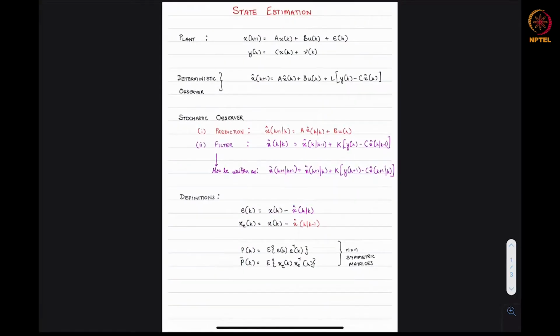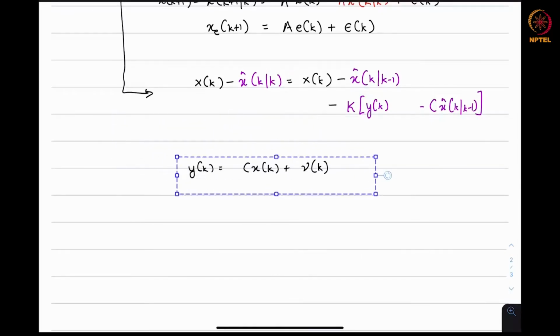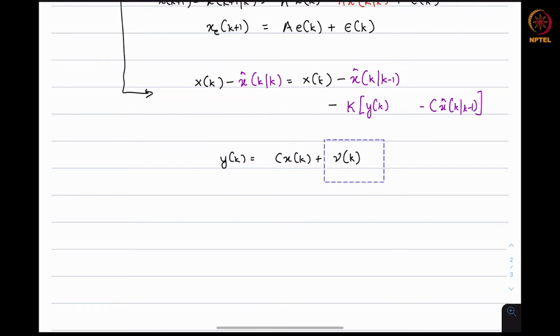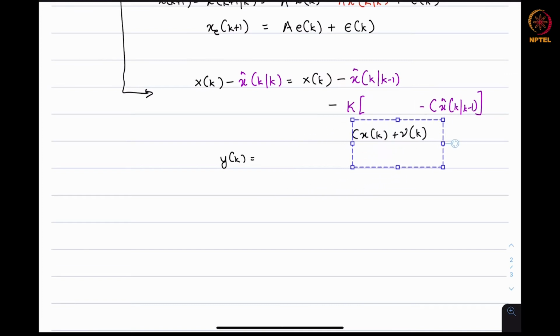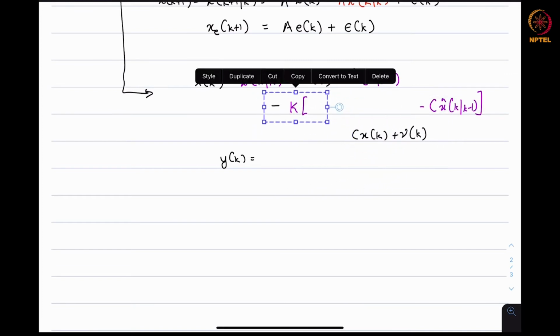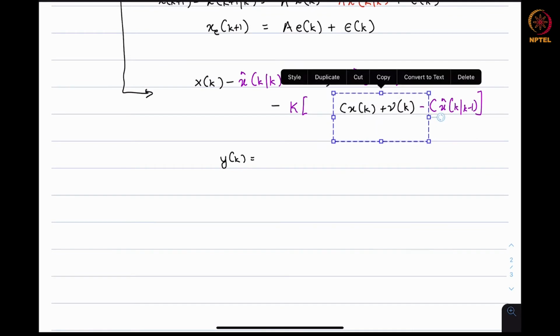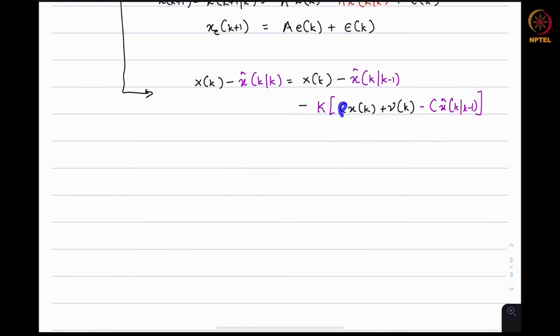Okay, the equation that we had over here: y k was nothing but c x k plus nu k, and I'll just replace this y k with c x k plus nu k. This c and this c, I can take them common.